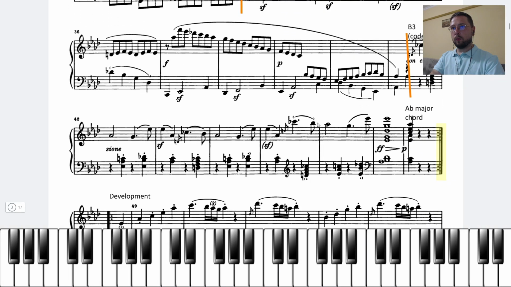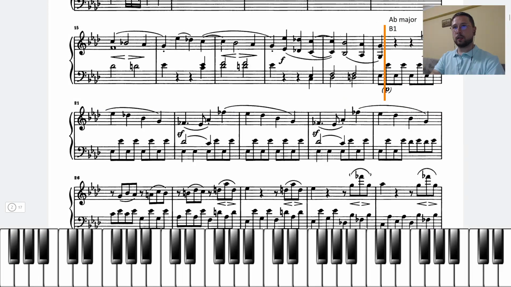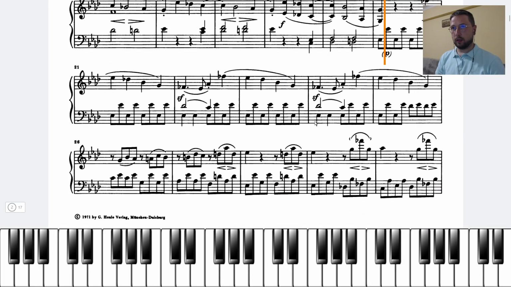Now, what should we look in here? Well, let's just play a little bit how these themes sound. So the first theme is this.